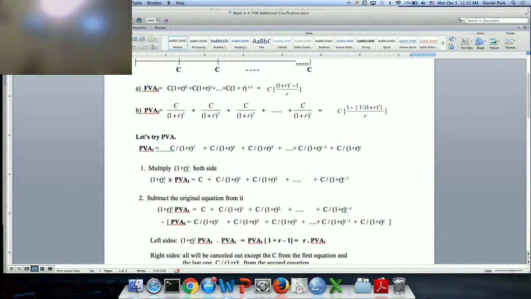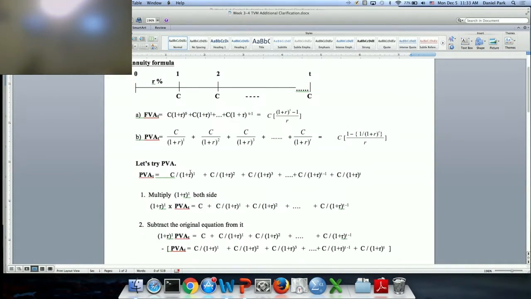So PVA, I rewrite here. This formula I write again: C over (1 plus R) to the power of 1, C over (1 plus R) to the power of 2. This first one is the value today. We are standing here. So this one's value today is C over (1 plus R) to the power of 1.